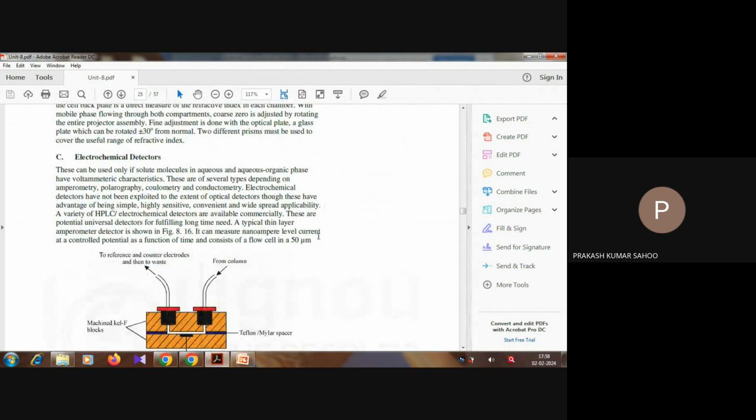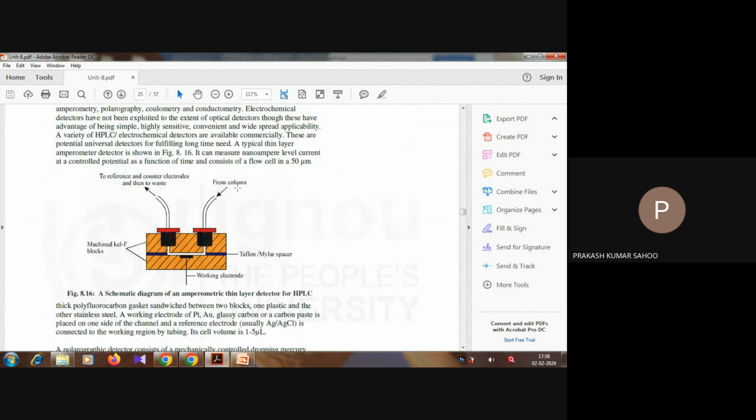Electrochemical detector: after separation, the component is detected electrically or electrochemically. So this is an amperometric thin layer detector for HPLC. Using electricity, the detection of the separated component is done.